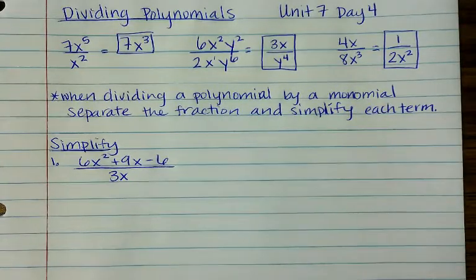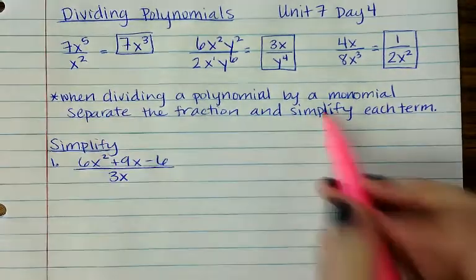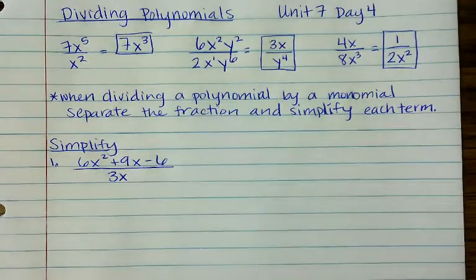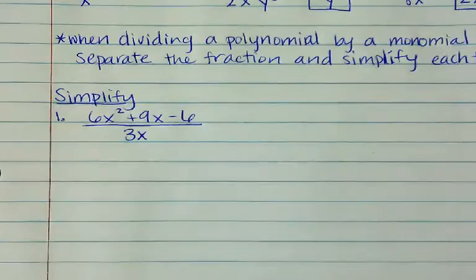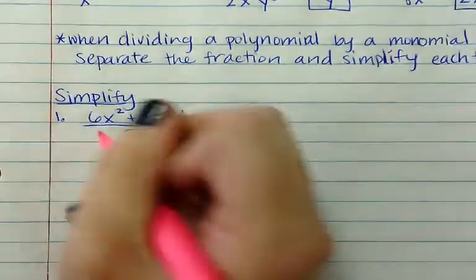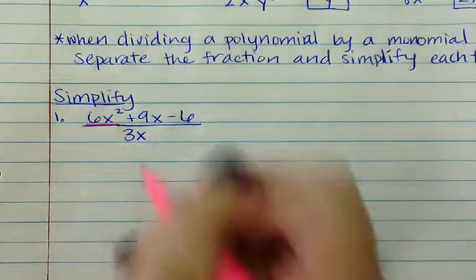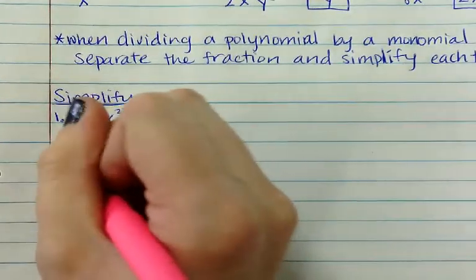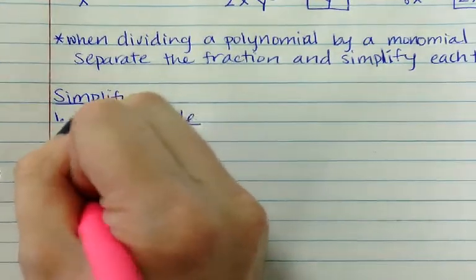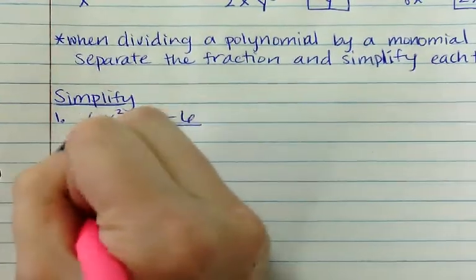So when we divide this polynomial by the monomial, what we want to do is separate the fraction and simplify each term. So when I say separate the fraction, how that's going to look is we are going to take this 6x squared and rewrite it as 6x squared divided by 3x.